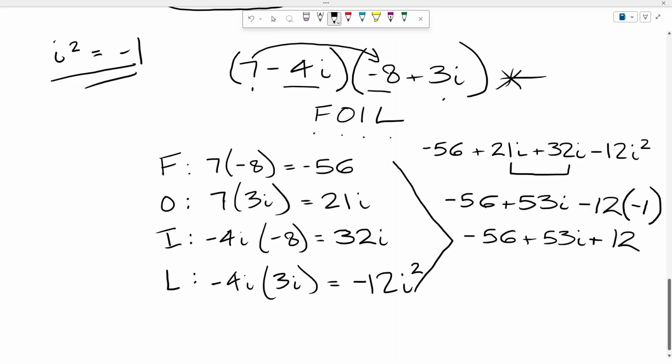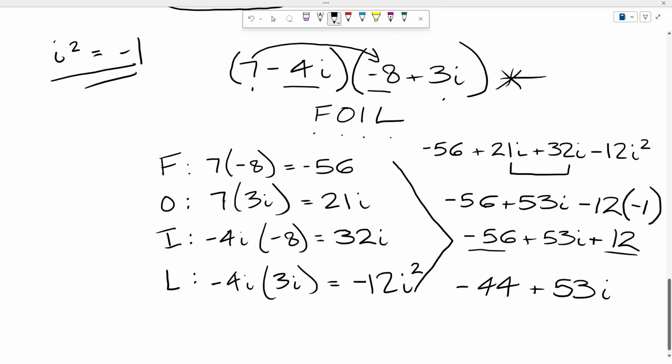And then now we have like terms here, the real parts, remember, call them that. The real parts, we can combine that. We have negative 56 plus 12, so that'll be negative 44, and then plus 53i. So we are in our standard form, a plus bi.